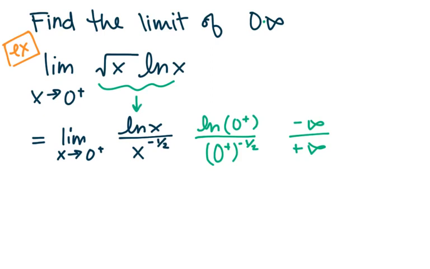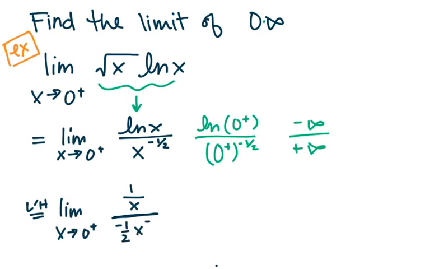At this point, I can take the derivative of the numerator and the derivative of the denominator, applying L'Hopital's rule, which gives the limit as x goes to 0 from the right. The derivative of ln x is 1 over x, and the derivative of x to the negative 1/2 is negative 1/2 x to the negative 3/2.